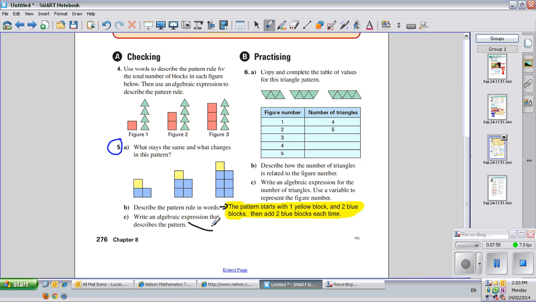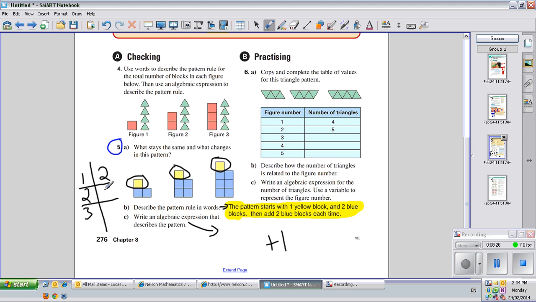For part C, it asks us to write the algebraic expression. So if we look, we said before, our yellow block stays the same. So our yellow block, because there's 1 of them, becomes our plus 1. If we create a table for what changes, in picture 1, there are 2 blocks.